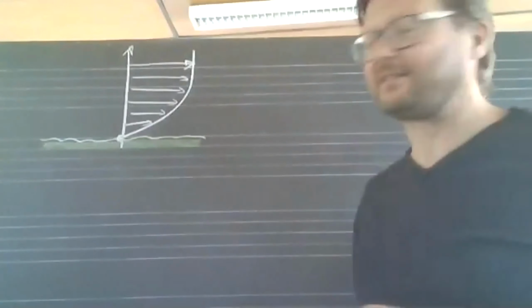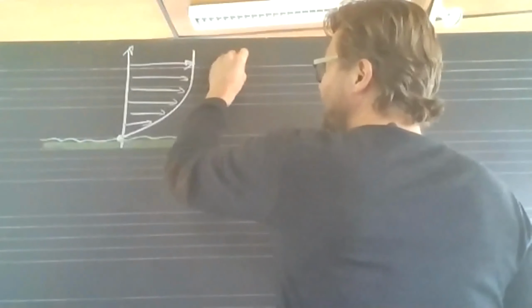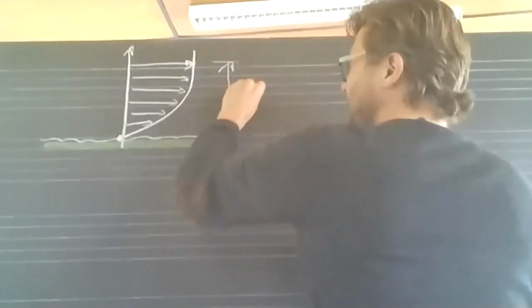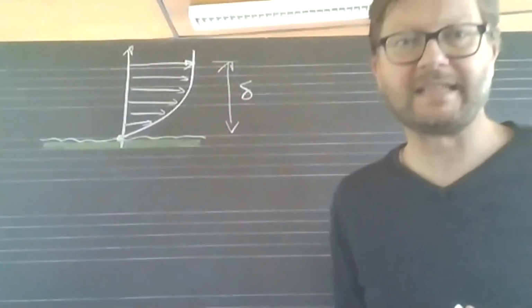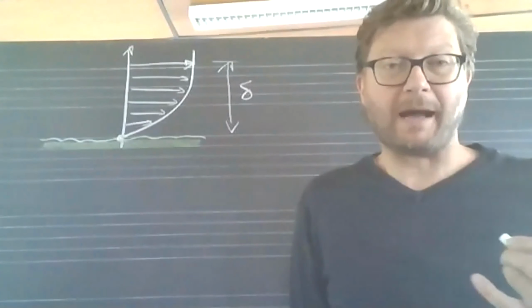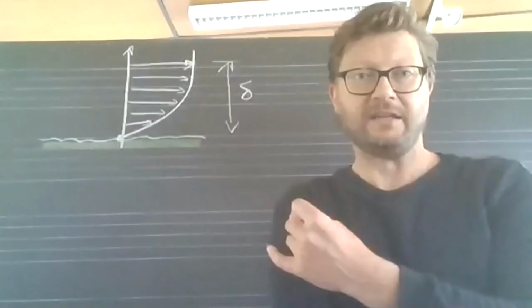Well, maybe it increases to go very, very high. But this gradual increase has a certain typical thickness. We typically denote by delta. So this is the boundary layer thickness, and that little thing here is called boundary layer.